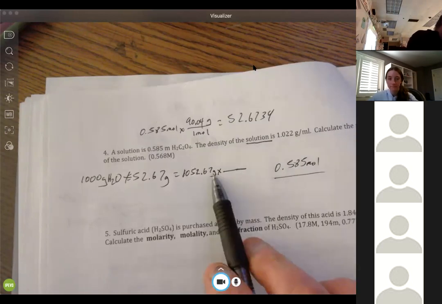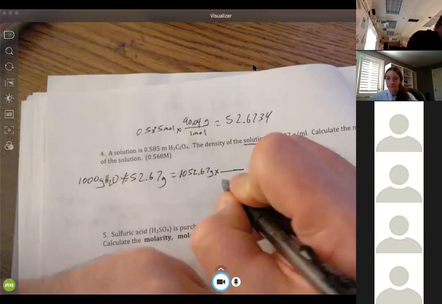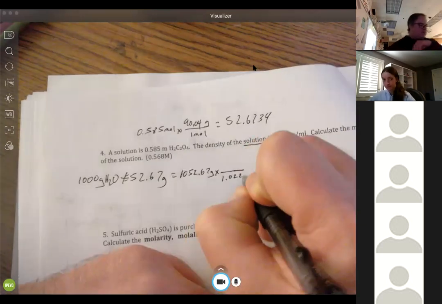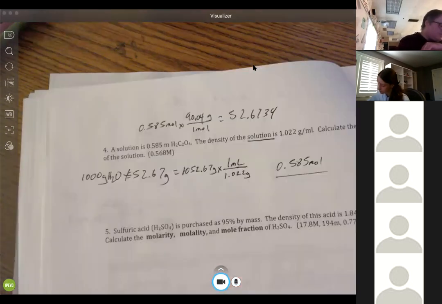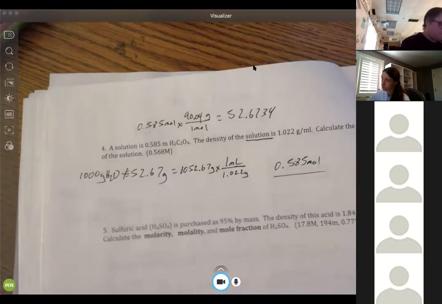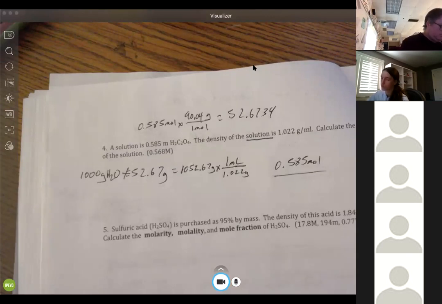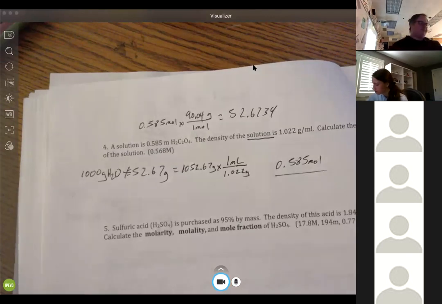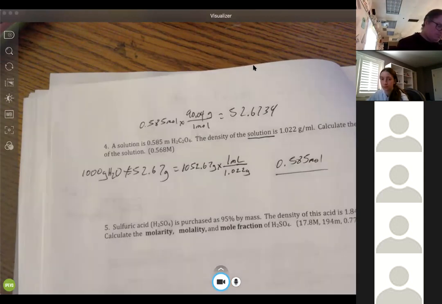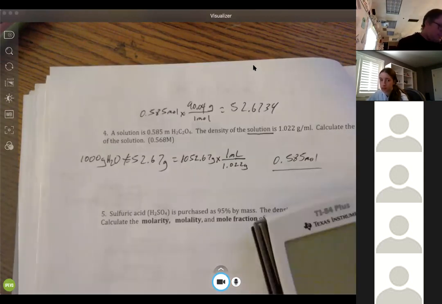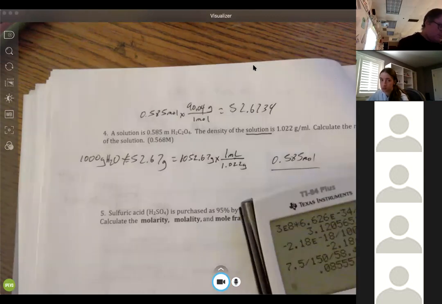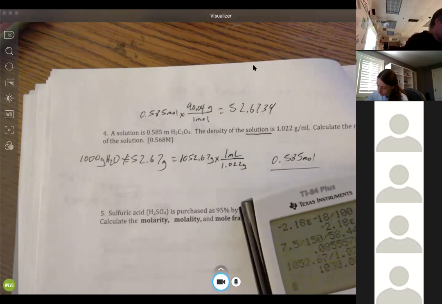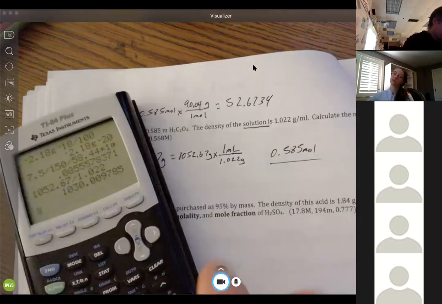And every 1.002 grams is 1 milliliter. 1052.67 divided by 1.002. We get 1030.01, but the 1030 is going to be our significant digit, I believe.